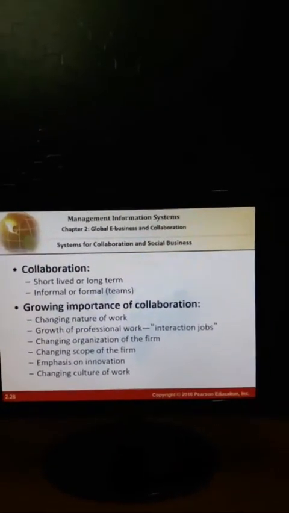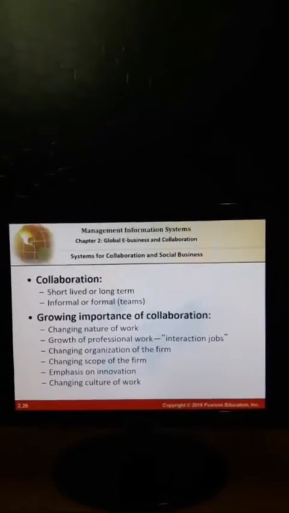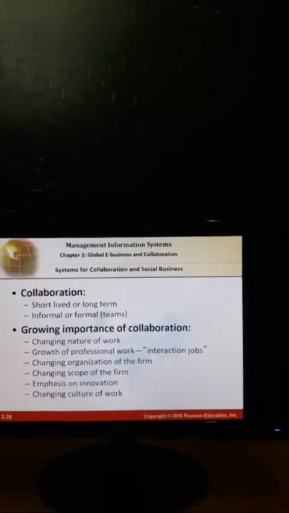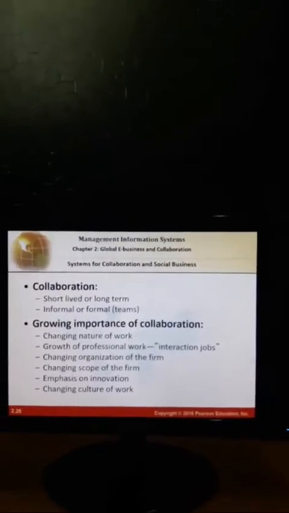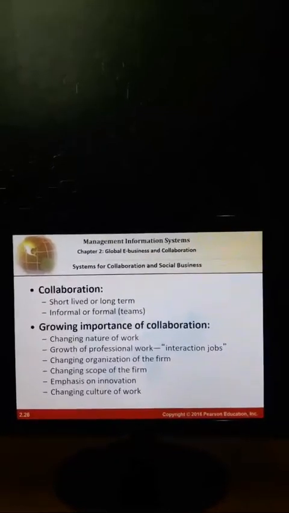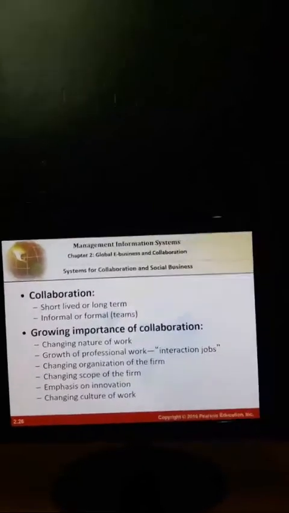Okay, we're talking about collaboration. There is a growing importance of collaborations in business organizations. These collaborations might be short-term or long-term. A very simple example: right now you are attending an online class.